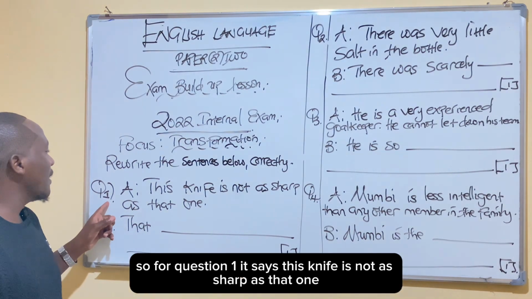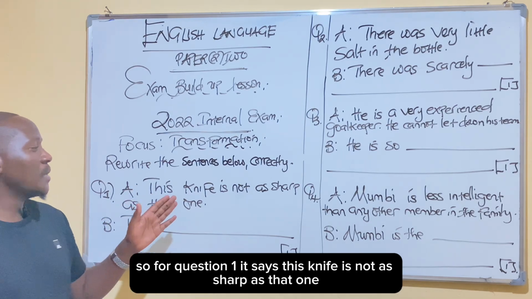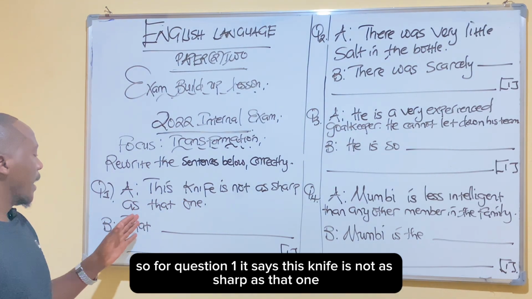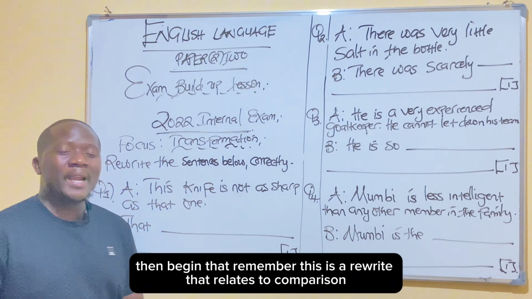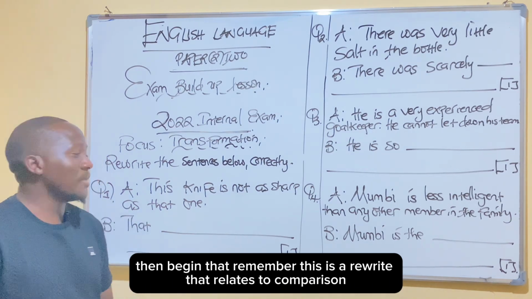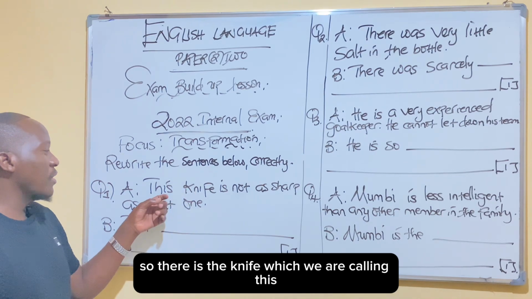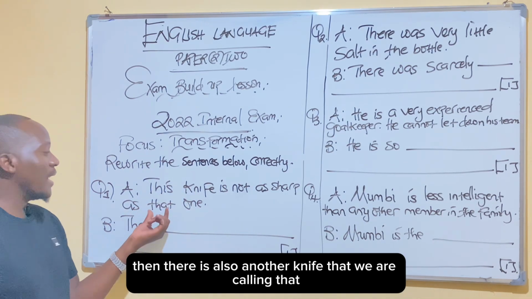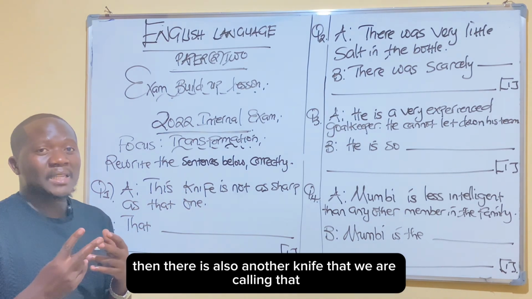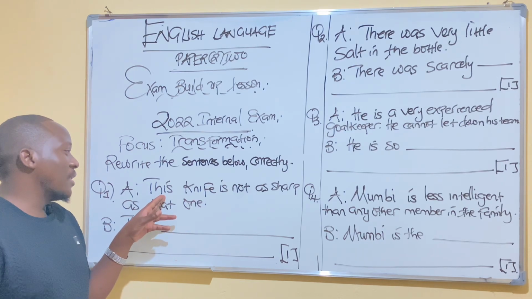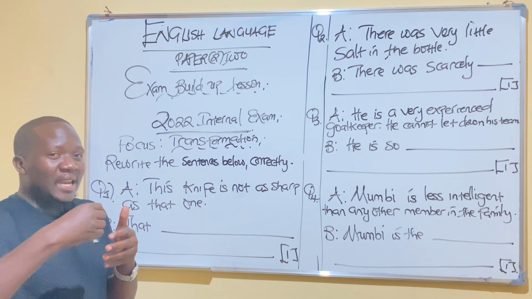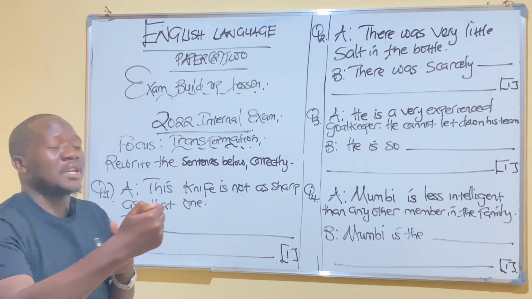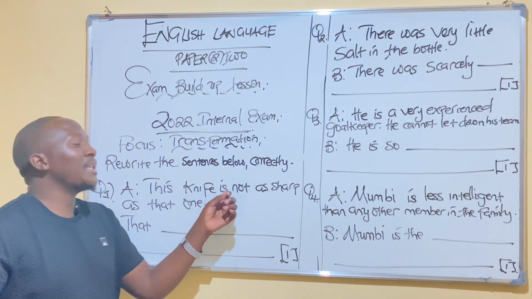So for question 1, it says, this knife is not as sharp as that one. Then begin that. Remember, this is a rewrite that relates to comparison. There is the knife which we are calling this, then there is another knife that we are calling that. So the knife that we are calling that is sharper, because this is not as sharp.